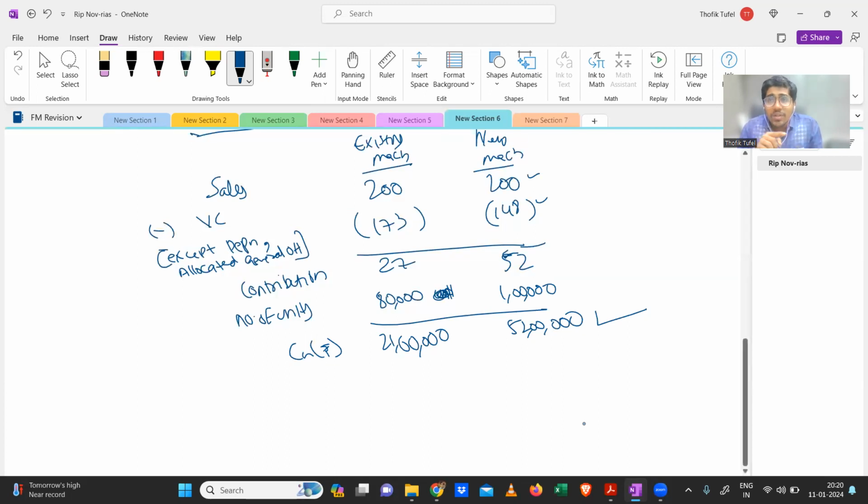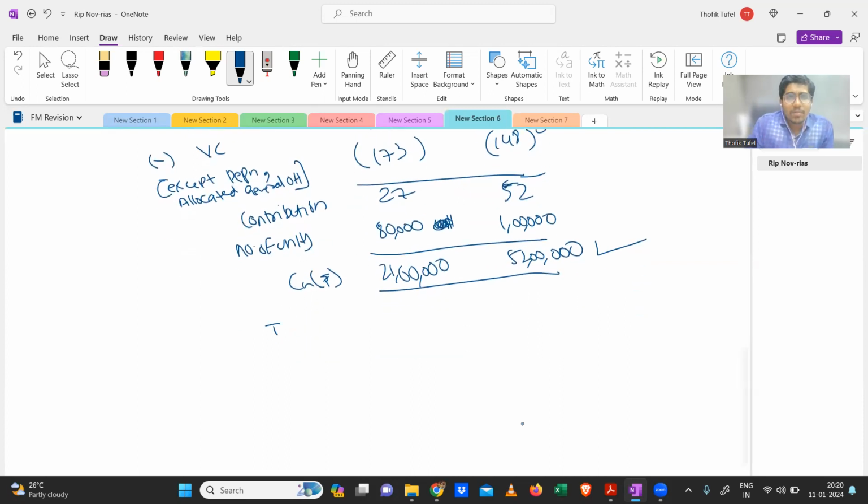So I have to see my increase in revenue, my increase in cash flow. That is the incremental cash flow. This 52 lakh I'm getting, well and good, but this 21 lakh 60,000 I will not get now. So what is my incremental contribution?